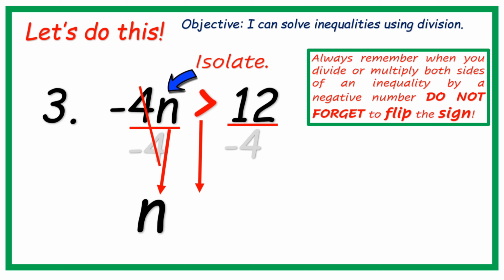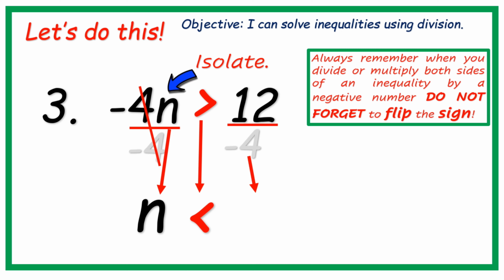Again, if you divide or multiply both sides of an inequality by a negative number, do not forget to flip the sign. So this is the greater than sign. We flipped it. It became the less than sign.